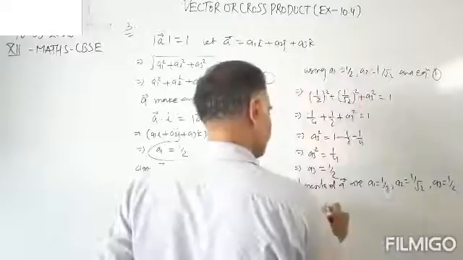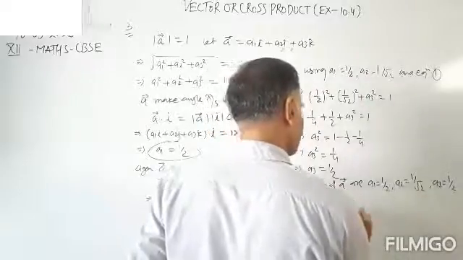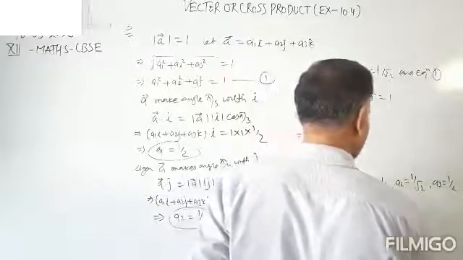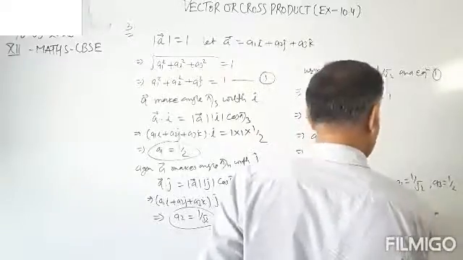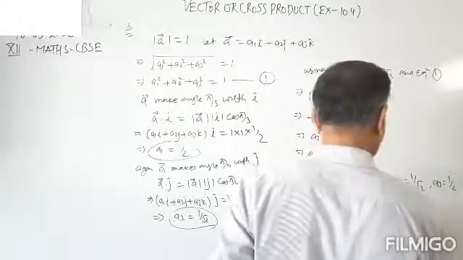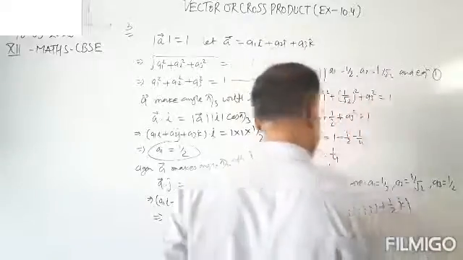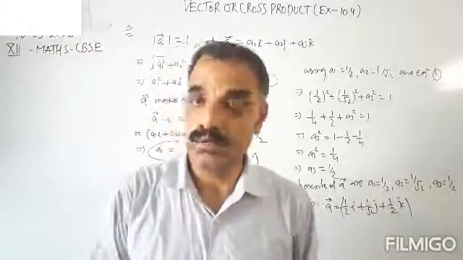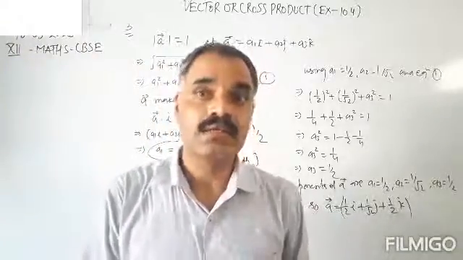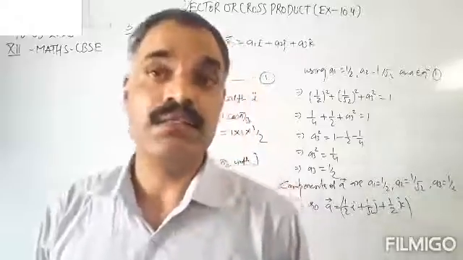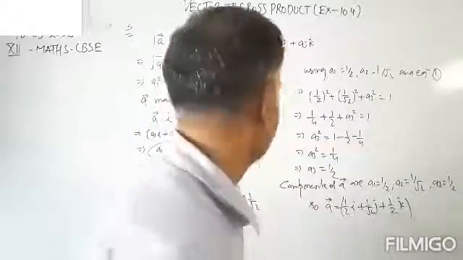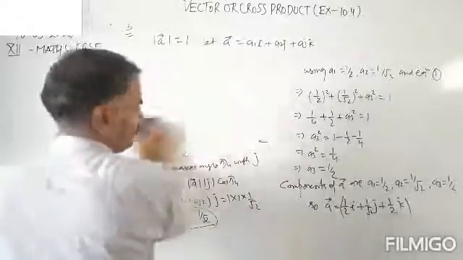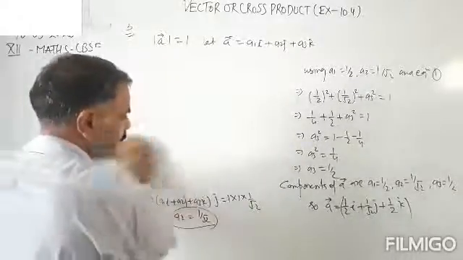So vector a is equal to 1 by 2 i cap plus 1 by under root 2 j cap plus 1 by 2 k cap. Okay, this is vector a. Now we will use the condition that vector a makes angle theta with k cap, and we will find the angle theta.